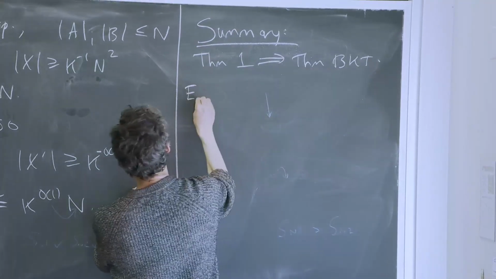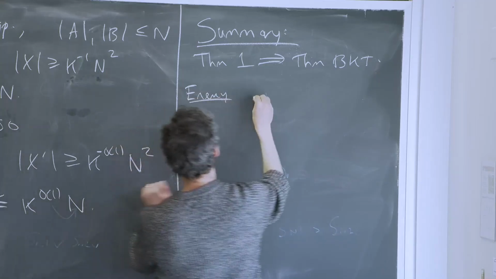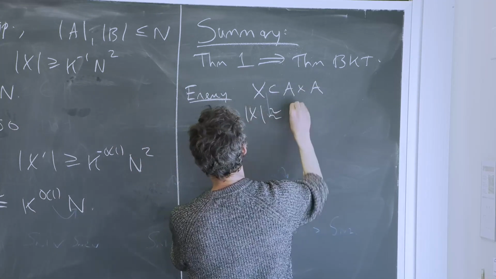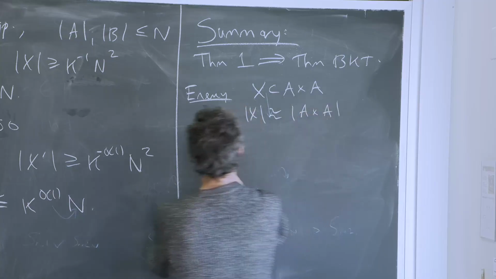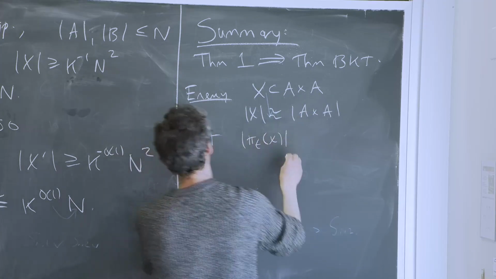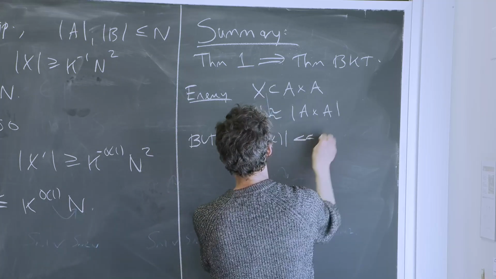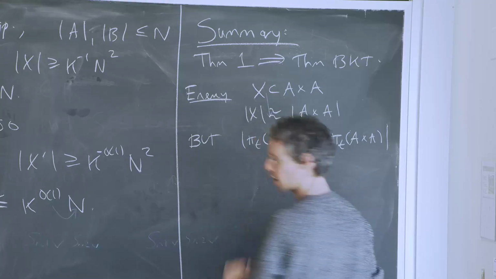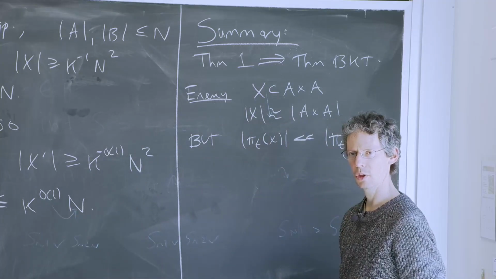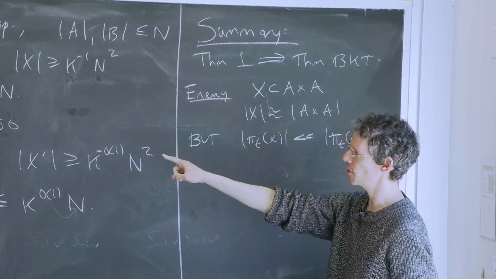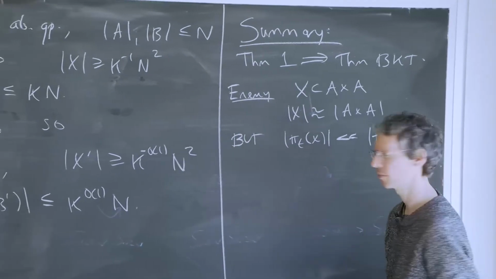And the enemy was that we have a set X in A cross A, where X is around the same size as A cross A, but the size of a projection of X is much smaller than the size of the projection of A cross A. That's our enemy.